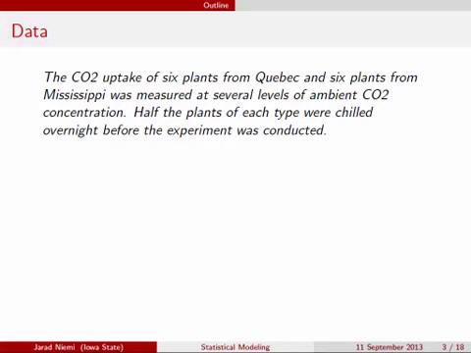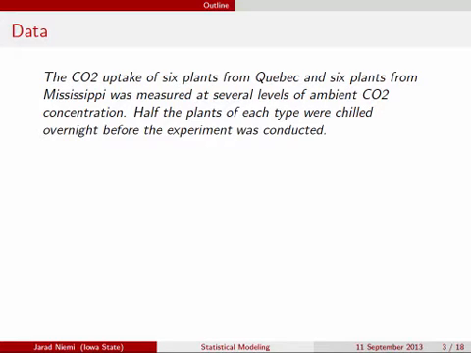Before we get there, I'm going to use this as a running example today. Here's some data about the carbon dioxide uptake of plants from Quebec and Mississippi. We had an experiment where the CO2 uptake was measured at several levels of ambient CO2 concentration. About half the plants for each type, the types being Quebec and Mississippi, were either chilled overnight or not chilled overnight before the experiment.